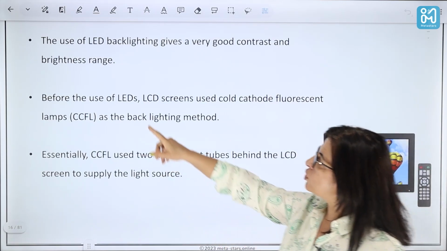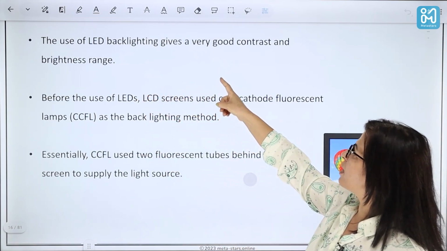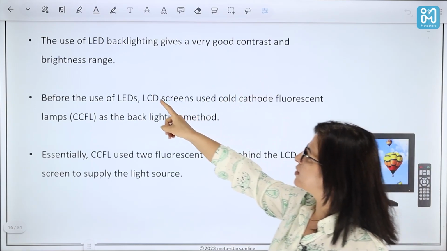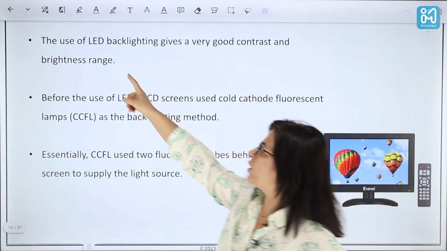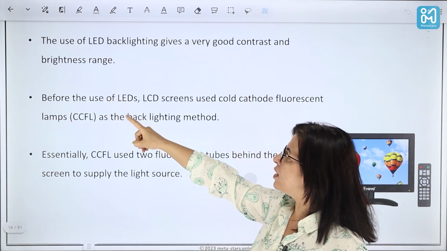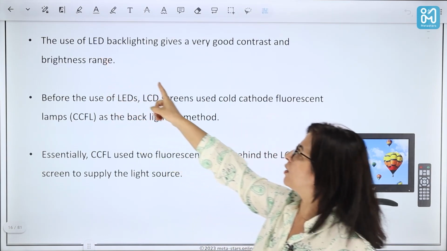The use of LED backlighting gives a very good contrast and brightness range.